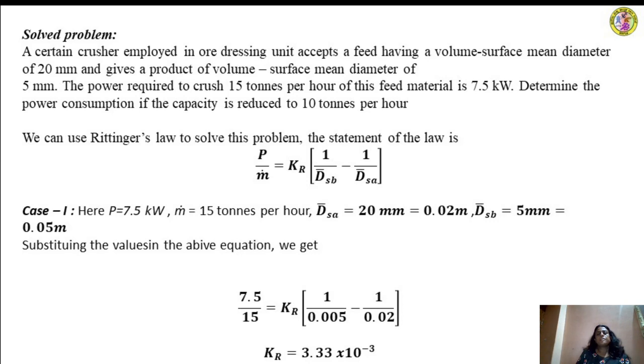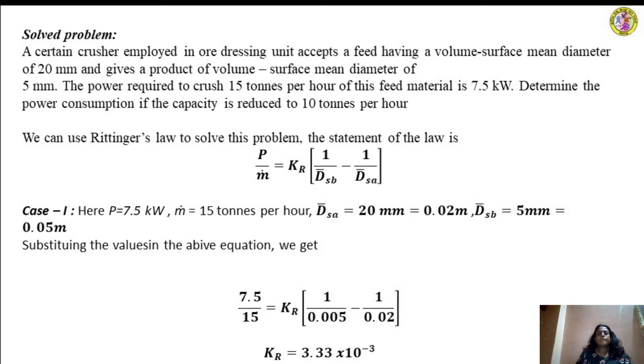The statement is P by m dot equals Kr into 1 by dsp bar minus 1 by dsa bar. So dsp bar and dsa bar are given. dsa bar is the feed size. It is 20 millimeters. If you convert it to SI unit, it becomes 0.02 meters. Then dsp bar is equal to 5 millimeter or 0.005 meters.